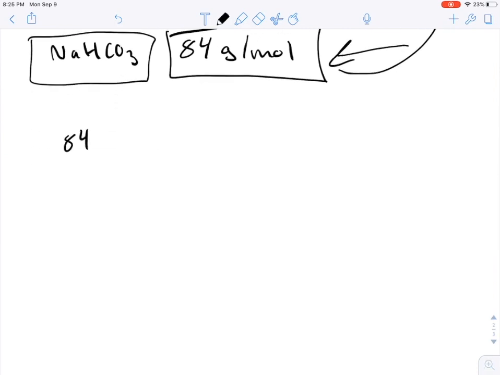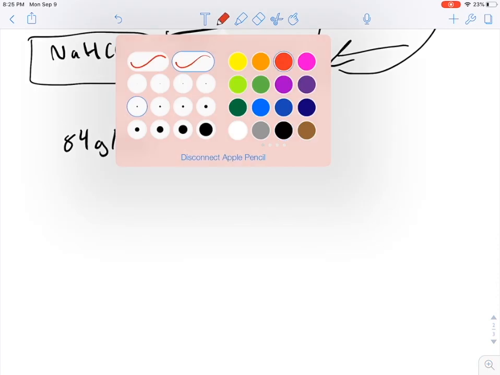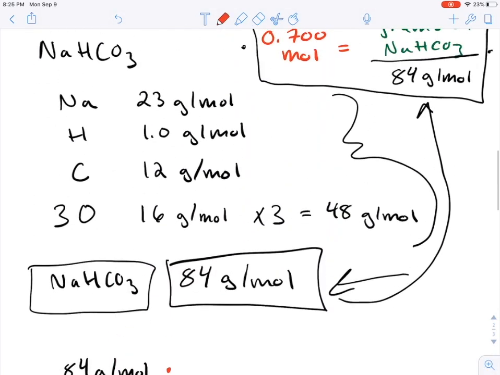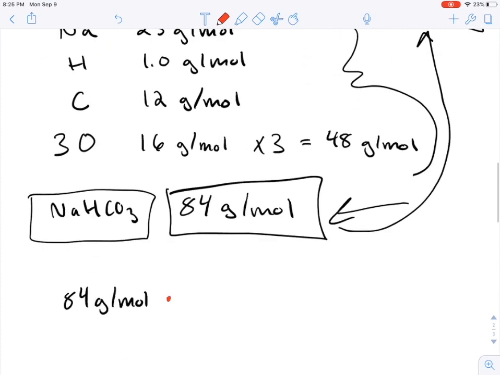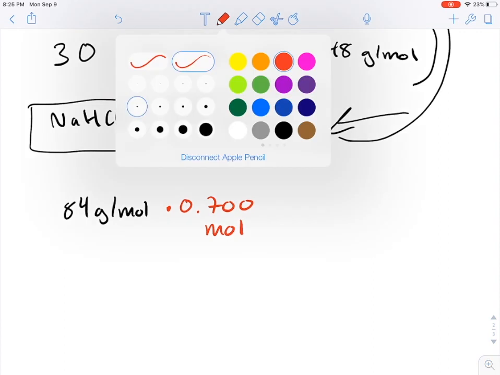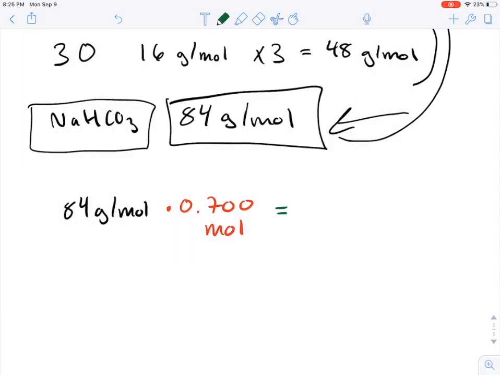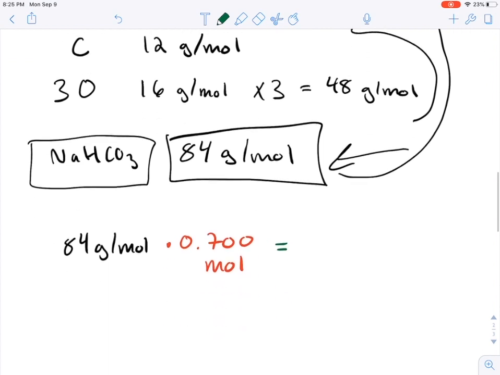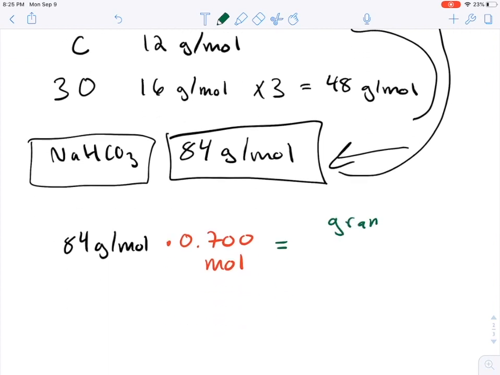So we have 84 grams per mole times 0.700 moles, and this is going to finally equal our grams of sodium bicarbonate.